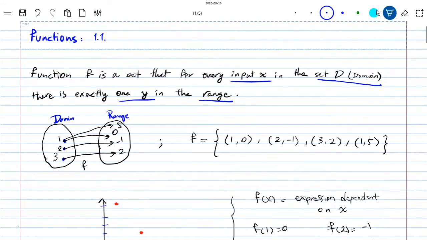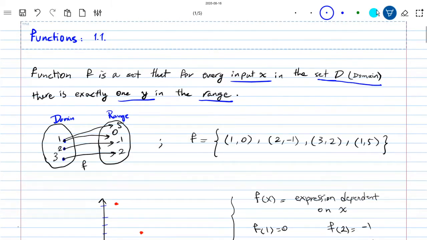They don't need to be 1, 2, and 3. They could be A, B, C, it doesn't really matter. But normally for our class, we deal with values. We do not deal with letters that much.